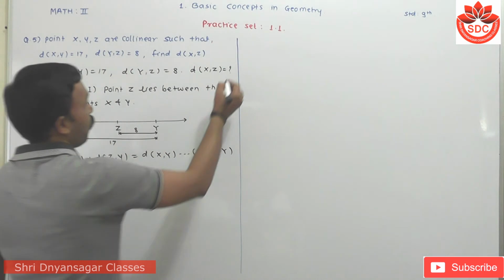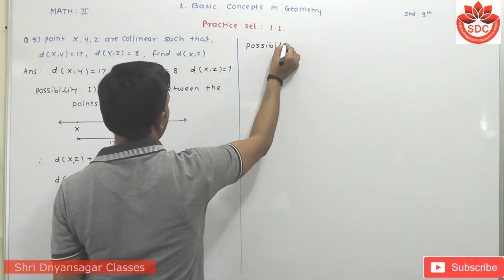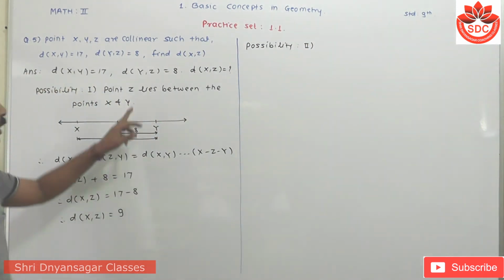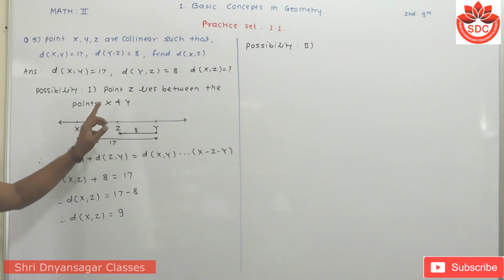Then the second possibility. Here Z was in between X and Y. We take another point, where Y is in between the remaining 2 points.